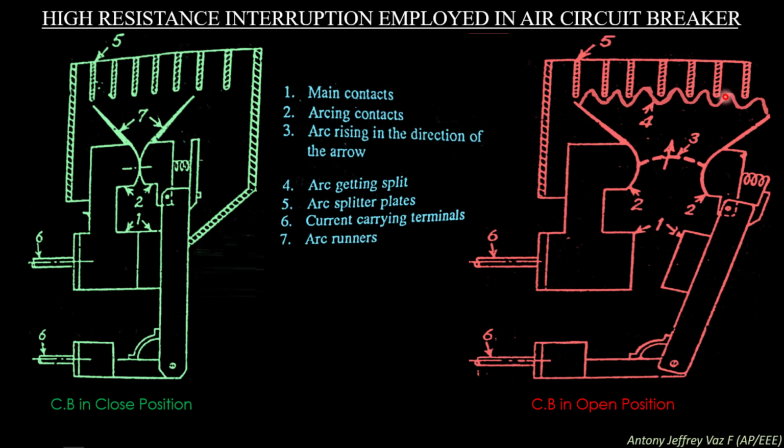So the resistance of the arc path gets highly increased. At the same time, the arc current starts to decrease. So the arc cannot be maintained in the arc splitters. Afterwards, it gets extinguished easily.